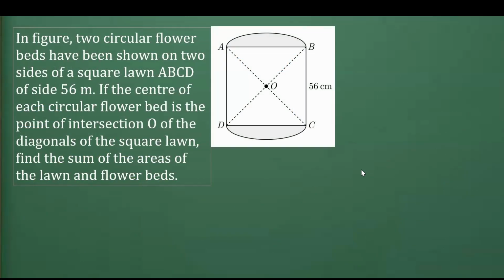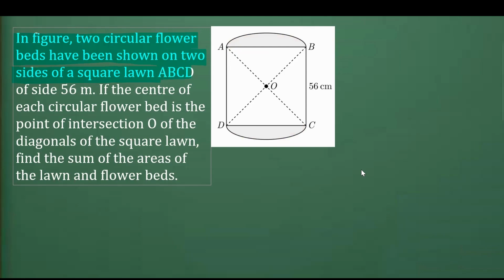Now in this question from the chapter areas related to circle, it says in the figure, 2 circular flower beds have been shown on the 2 sides of a square lawn. Well, this is a square lawn, and flower beds are drawn. So clearly these are the flower beds over here.